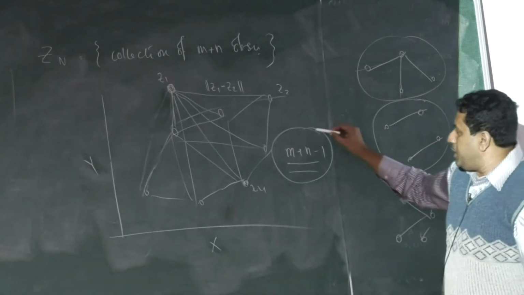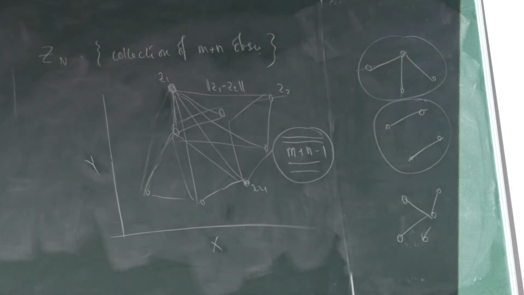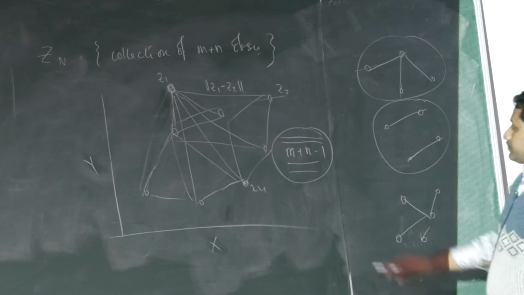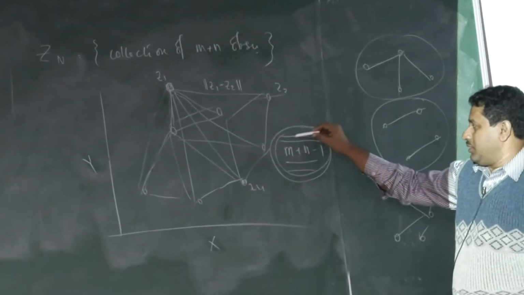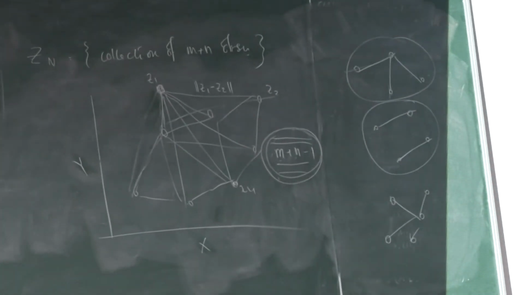So for each of these n plus n minus 1 edges, which will make the graph connected, there is an associated cost. I am trying to find those n plus n minus 1 edges for which the total cost will be minimum. And that is known as the minimal spanning tree.